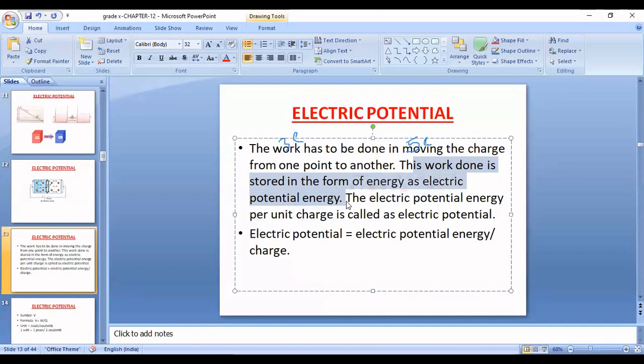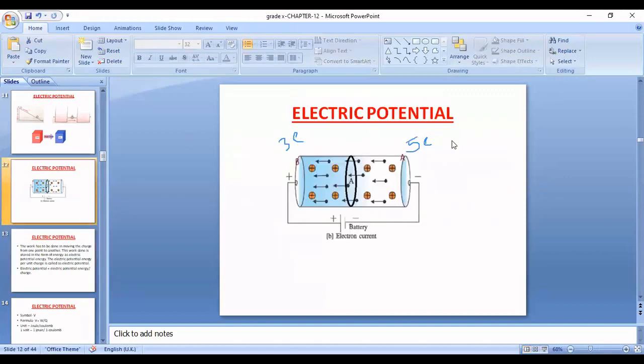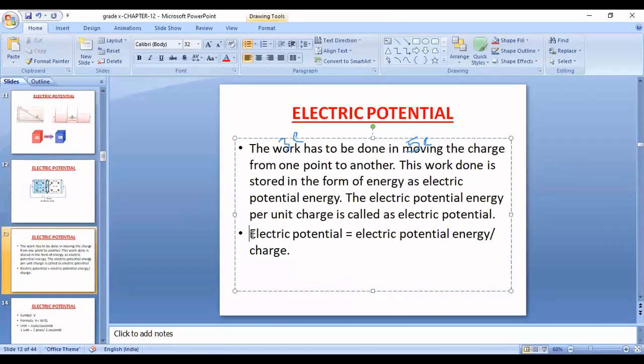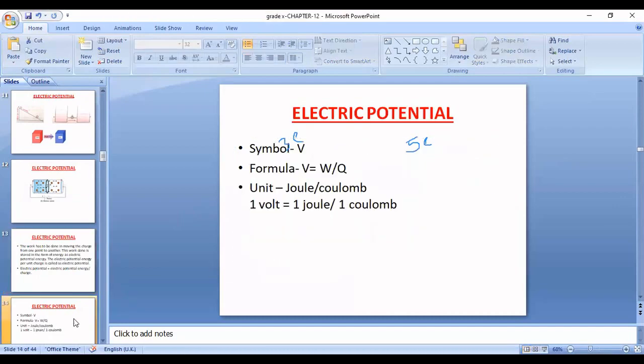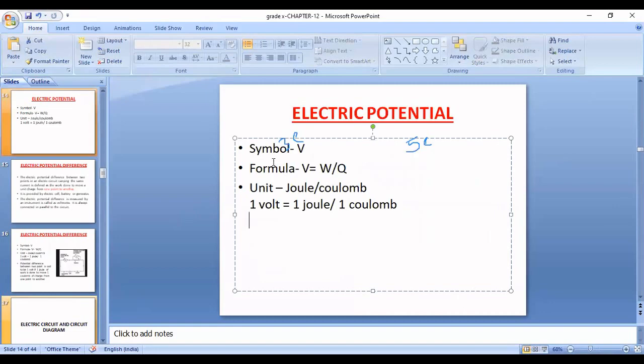And very interestingly, the electric potential energy per unit charge is known as electric potential. It means electric potential is equal to electric potential energy upon charge, right? So this is all about electric potential. The symbol of electric potential is V, and the formula of electric potential is V is equal to W by Q, right?